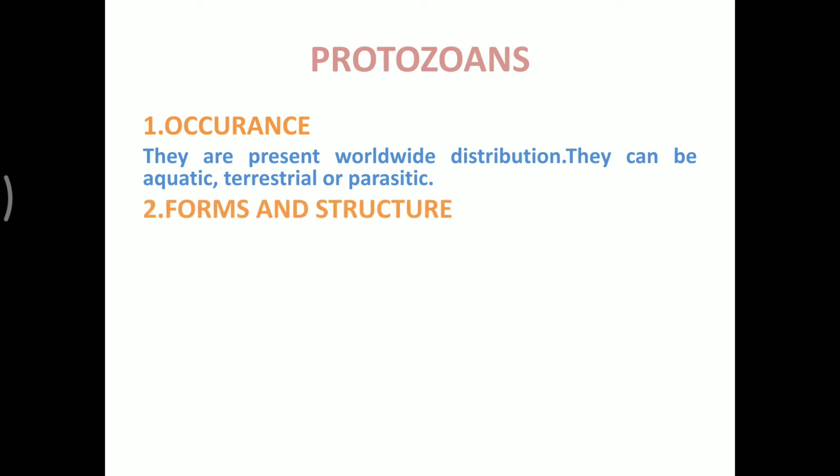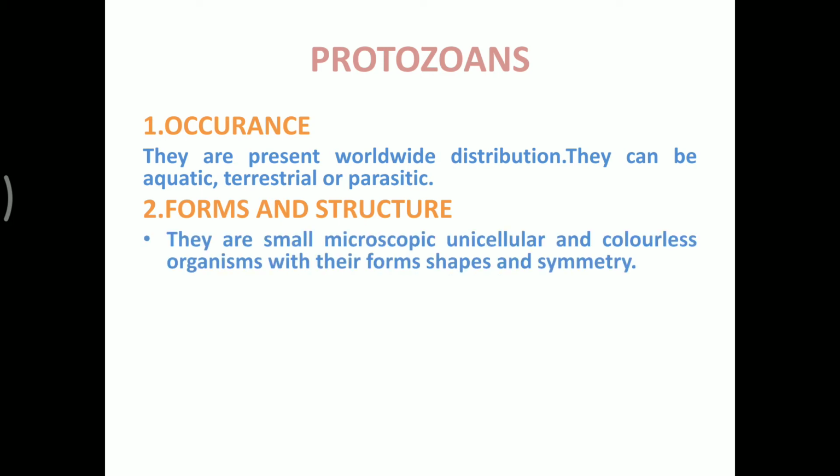beings. Form and structure. They are small, microscopic, unicellular, and colorless organisms whose shapes may vary. For example, they can be spherical, oval, bell shaped, spindle shaped, slipper shaped, or irregular shaped, and the body symmetry is also of various types, like radial symmetry, bilateral, or irregular symmetry.